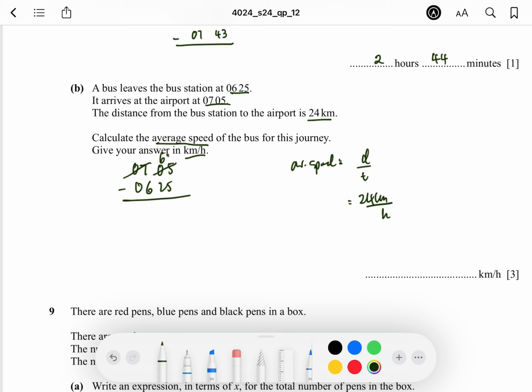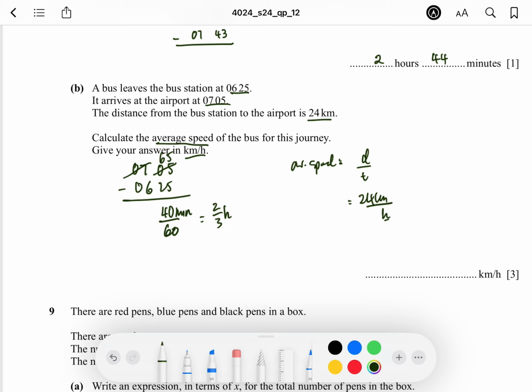So here becomes 65 minutes, because 60 minutes plus 5 minutes. So 65 minutes minus 25 minutes is 40 minutes. Now you have to divide by 60 because it must be in hours, which is 2/3 hour.